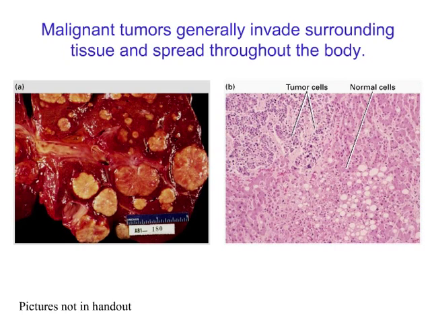Here we see the gross and microscopic views of a tumor invading normal liver tissue. On the left, the gross morphology of a human liver in which a metastatic lung tumor is growing. The white protrusions on the surface are the tumor masses. On the right is a light micrograph of a section of the tumor, showing areas of small, dark-staining tumor cells invading a region of larger, light-staining normal liver cells.